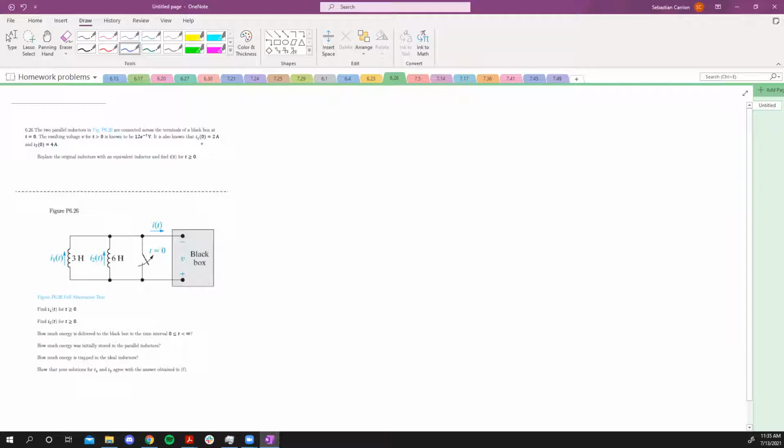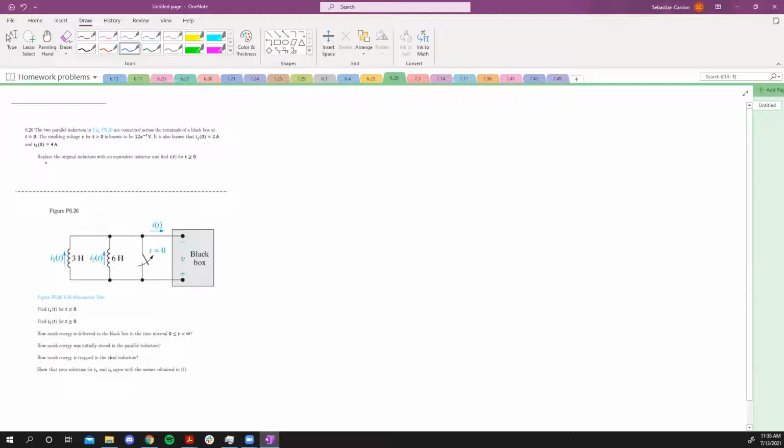It is also known that I1 at time 0 is equal to 2 amps, and I2 at time 0 is equal to 4 amps. So it means that at 0 seconds, these inductors here are going to hold current.